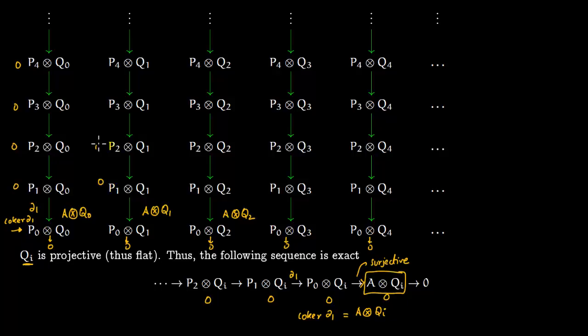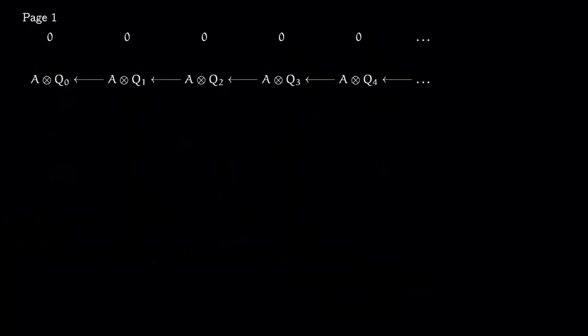And everywhere else you have just zeros sitting. So we are computing the homology, which we are going to put again on page 1 now. Let us clearly see how page 1 looks. So this is how page 1 will look, and this is what is sitting on our 0th row. Everywhere else you have 0.